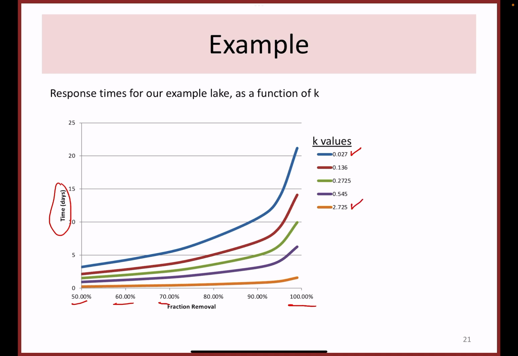Look how much time it takes. So to remove 50% takes such a small time. But even to remove 100%, it might take 1 day because the rate is really high. You could see the rate is getting smaller, and the number of days it might take to treat a higher fraction removal might be up to 20 days.